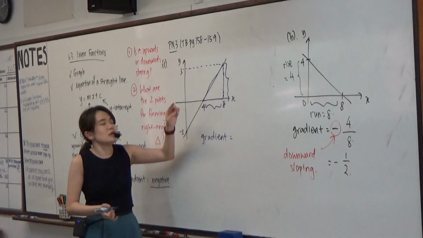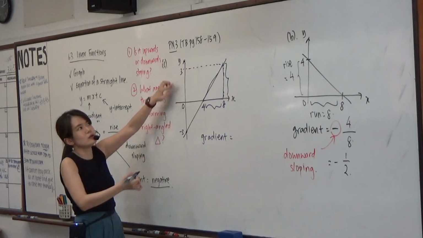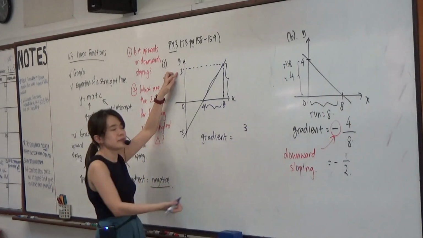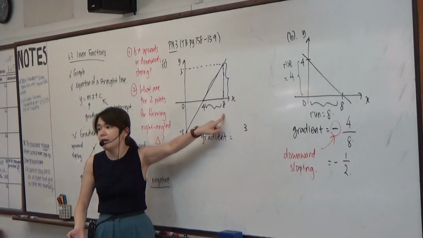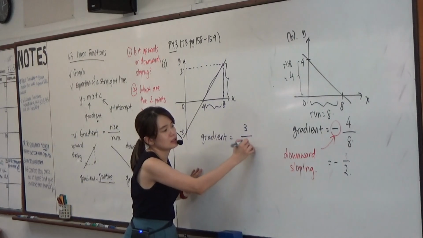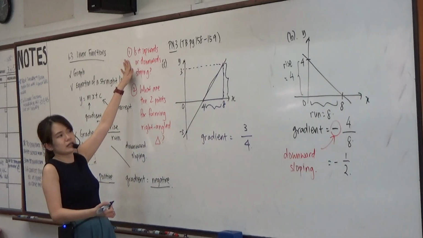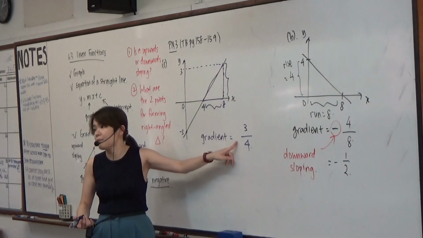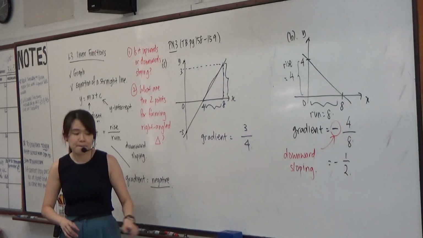Okay, so to count the rise itself, it is from 0 all the way to 3. Okay, so our rise is 3, and for our run, it is from 4 to 8, and that is 4 units. This line is upward sloping as mentioned in the first question, so that's why it's a positive value. We don't need to write the positive sign. Okay, hence we get the answer 3/4.